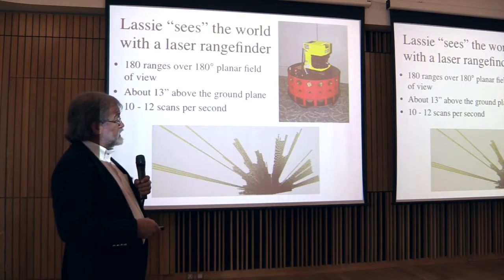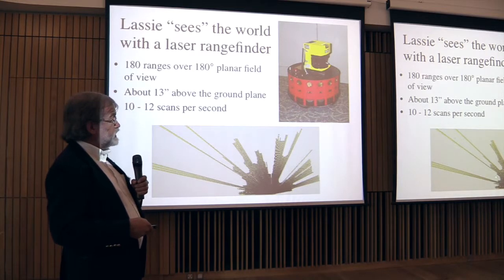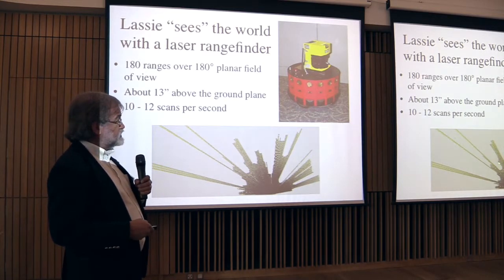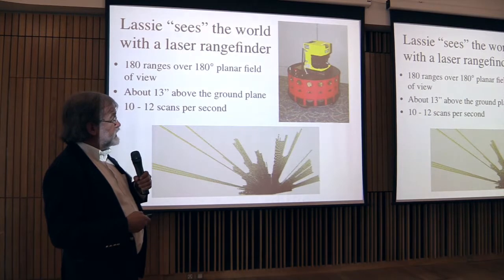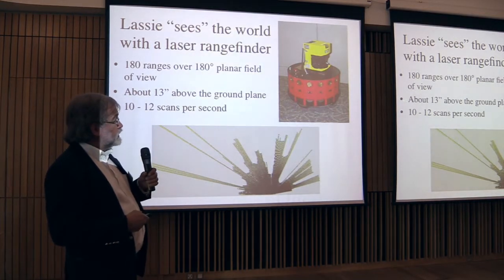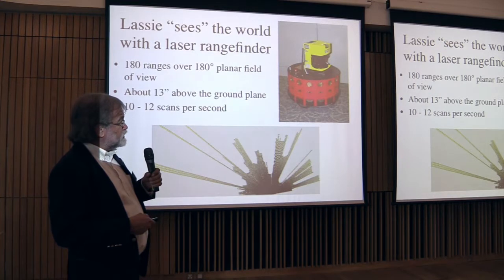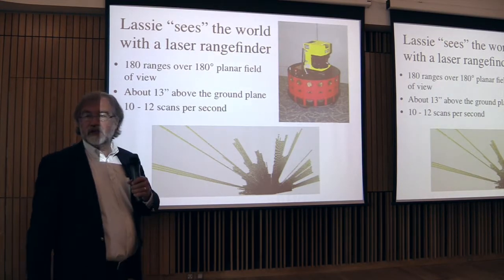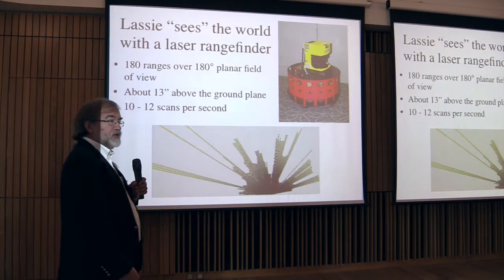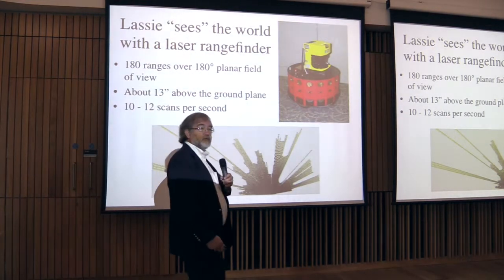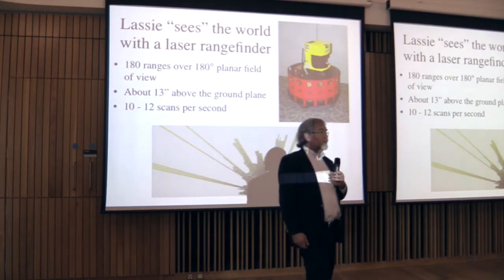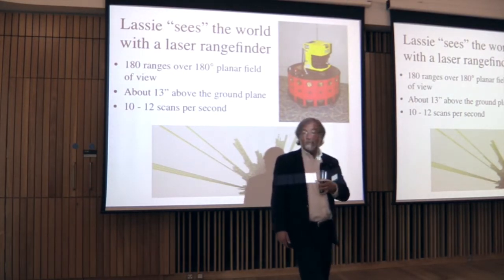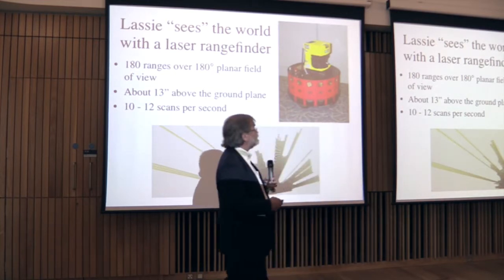This is one image from the SICK laser rangefinder showing the distances to various objects. This one measured 180 ranges over a 180-degree planar field of view. That plane was about 13 inches above the ground, and it scanned about 10 times a second. So it's much simpler than vision, and it's much more easily understood. But I think it illustrates the essential properties that we want.